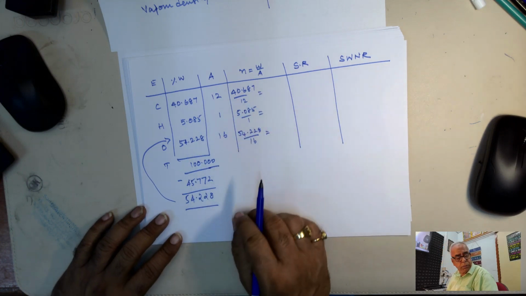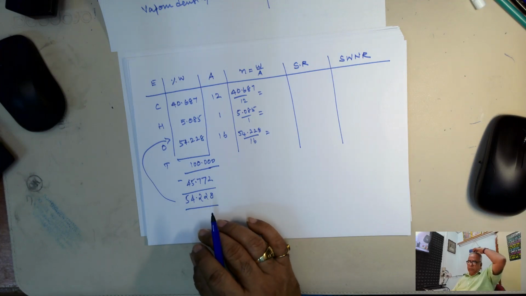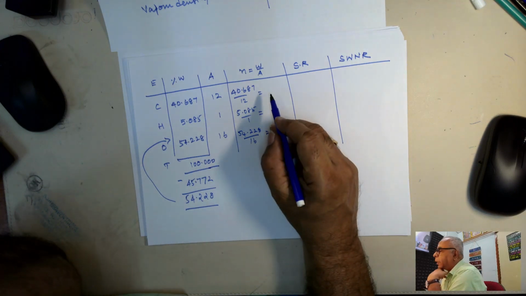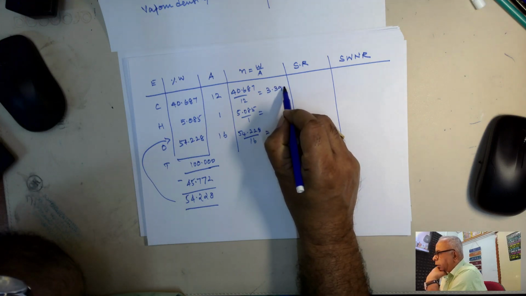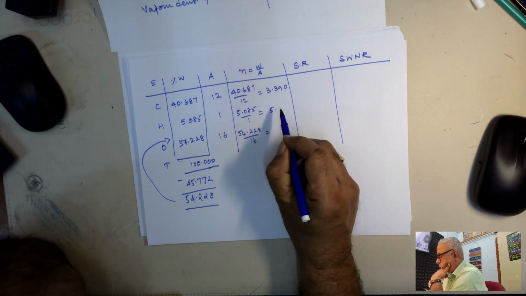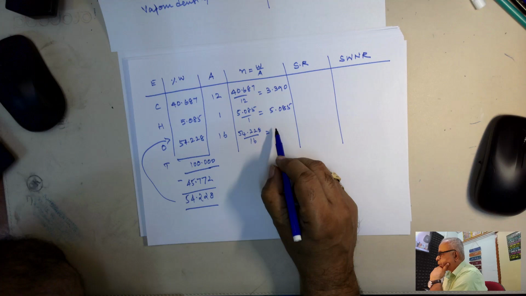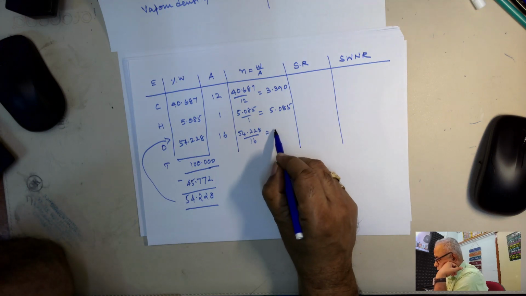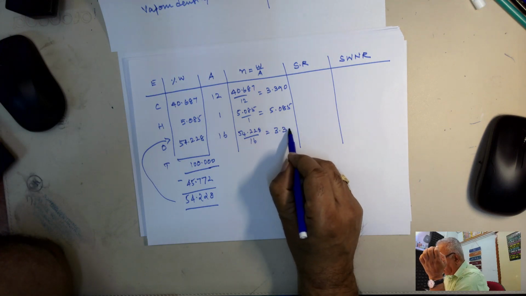Now tell me the value. 3.39. Then 5.085. Then 3.389.